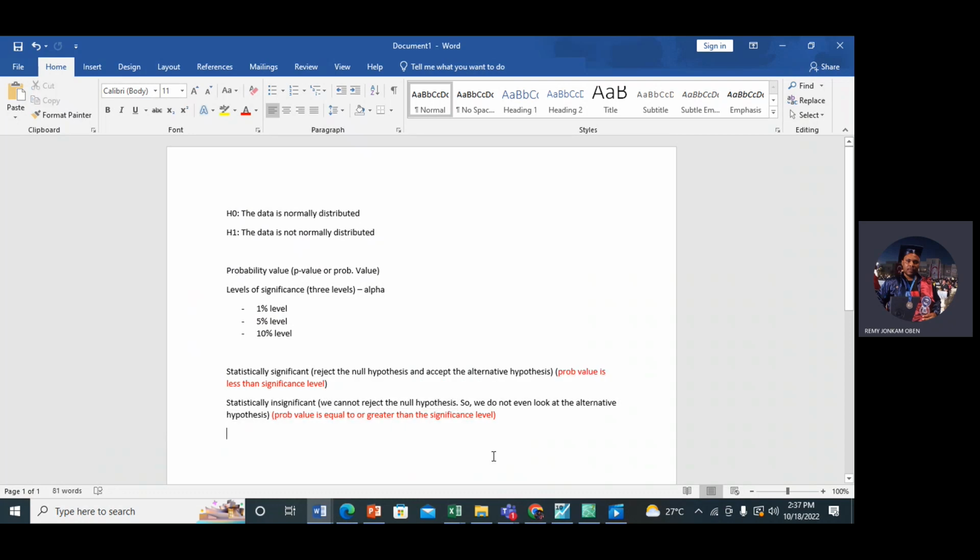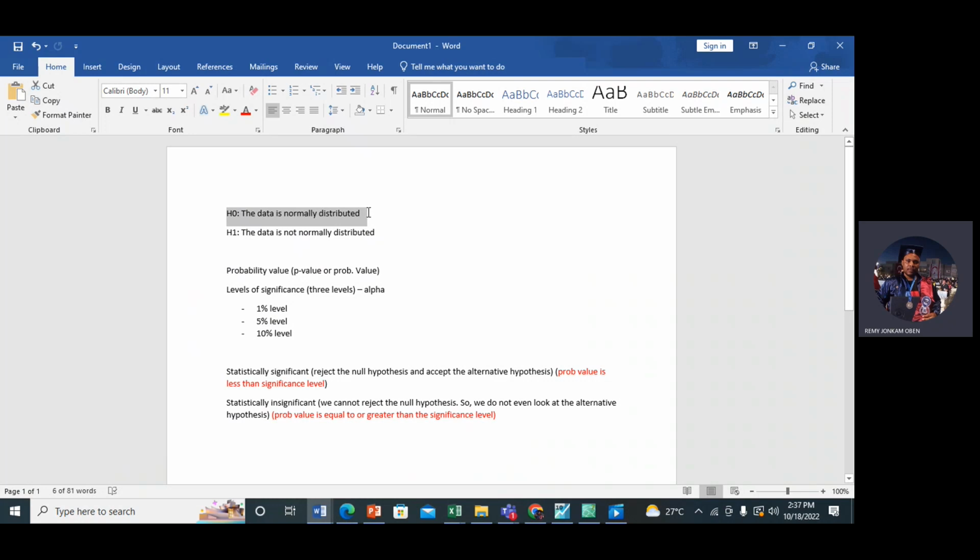So for the GDP, since the probability value for Jarque-Bera is 24%, which is greater than all these 3 significance levels, it is statistically insignificant, and so we cannot reject the null hypothesis.